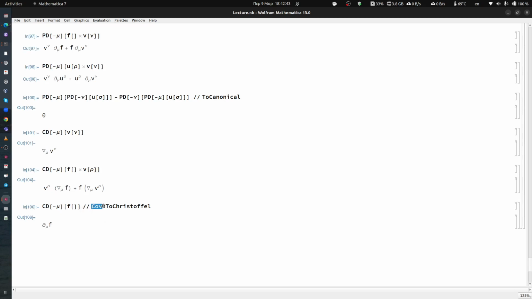So you have to apply the function covariant D to Christoffel, and that will change the nabla symbol to the partial derivative. So that is with the covariant D to Christoffel function acting on the expression and without it.